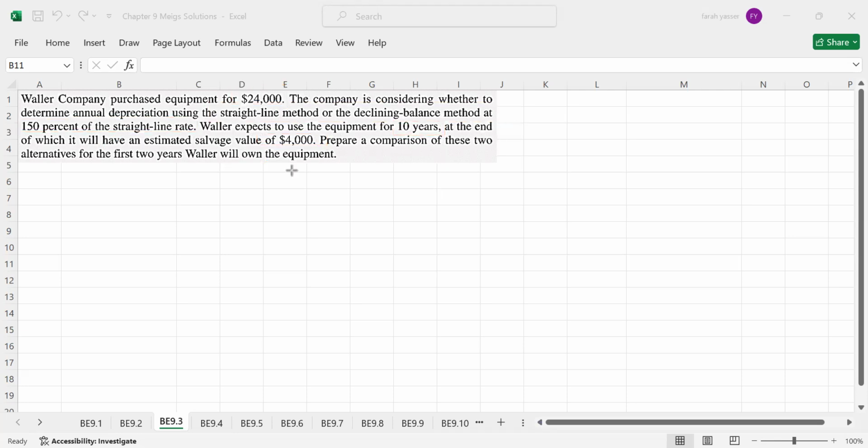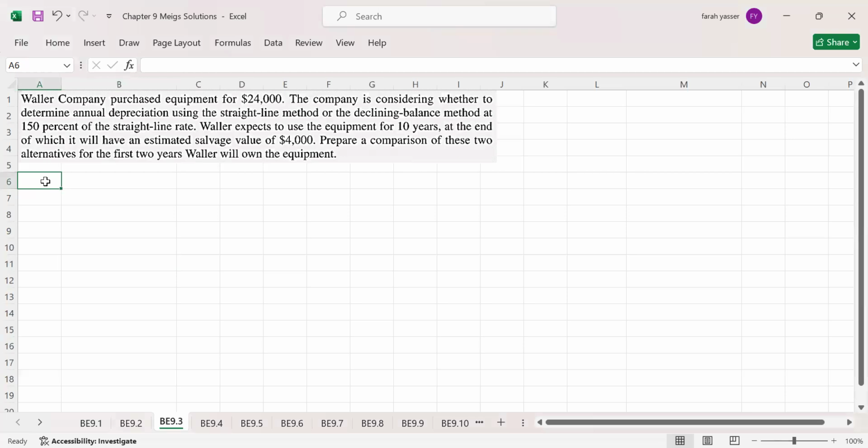So comparison means we will calculate 2 years depreciation through the straight line method, and then 2 years depreciation by the declining balance method at 150% of the straight line rate, and then we will compare the depreciation expense of these two methods. So let's start.